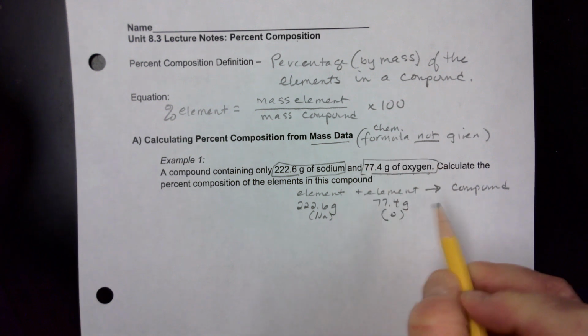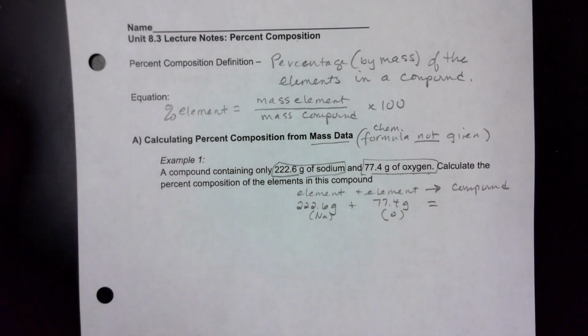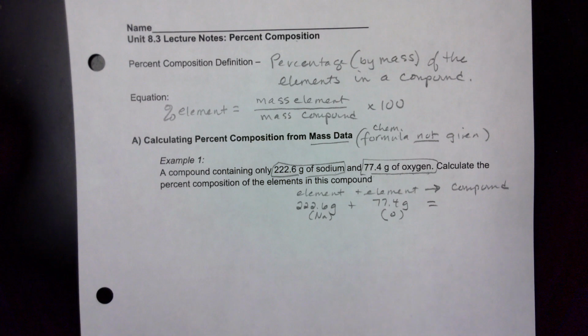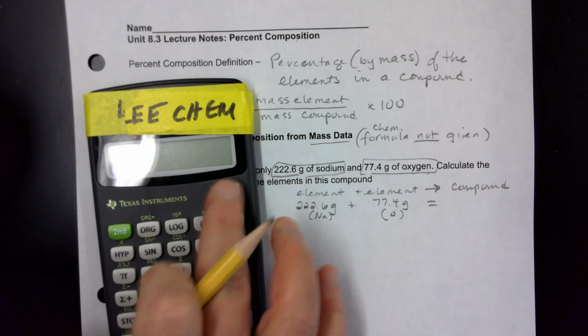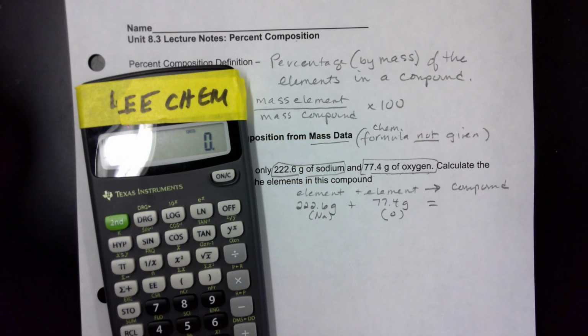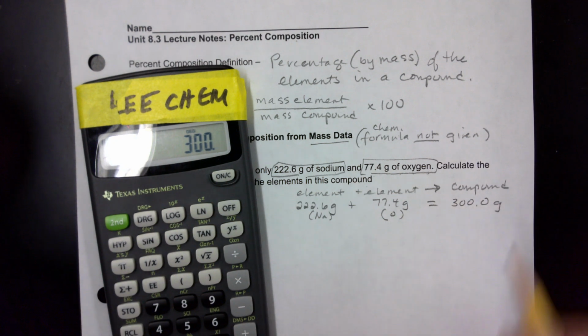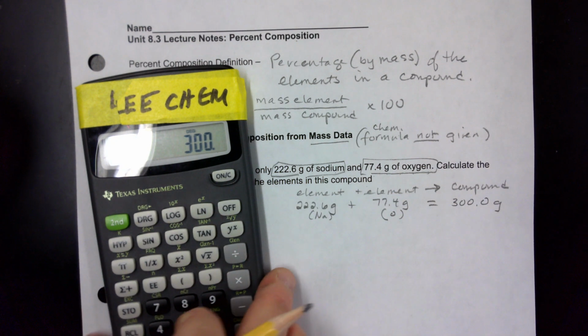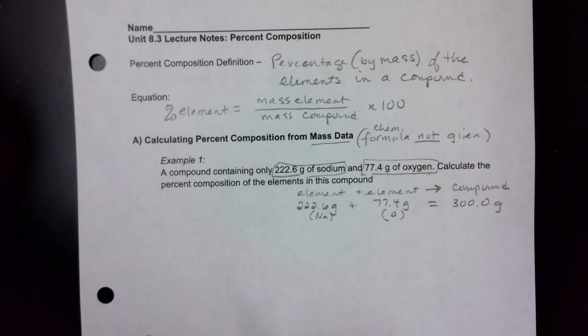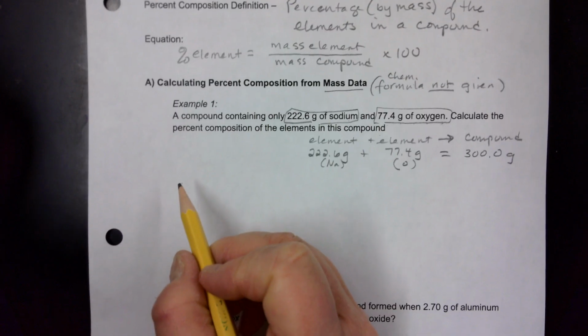We know the mass of the two combined, so if we work that out in our calculator, 222.6 plus 77.4, maintaining sig figs, we get a mass of 300.0 grams for the mass of the compound. And once we have all those numbers, we are all set to do this calculation.